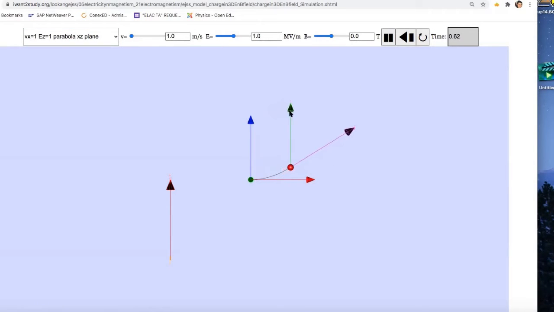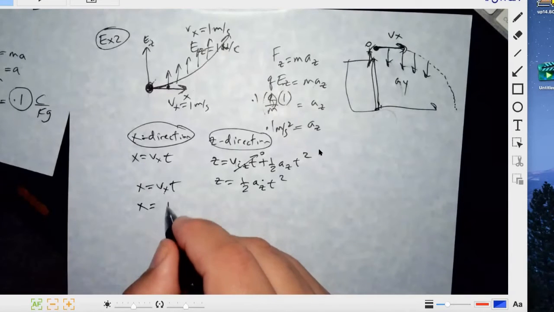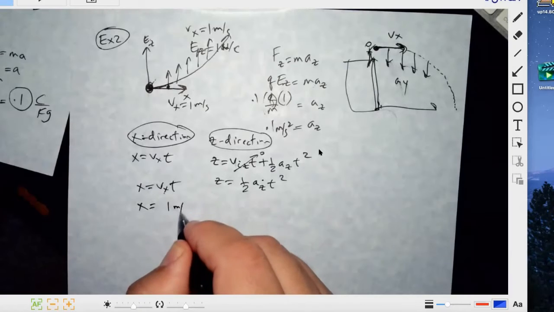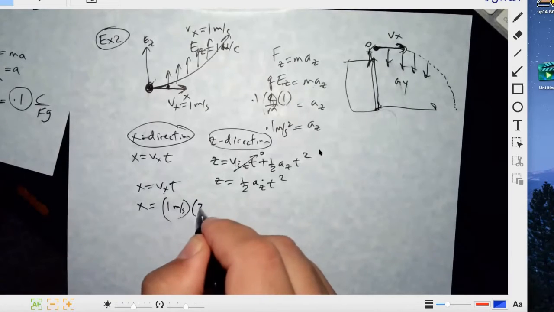This is the force experienced by it. So, okay, in 2 seconds, what happened? In 2 seconds, it's just going to be whatever Vx was, 1 meter per second times 2 seconds.